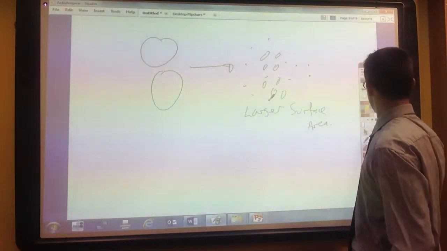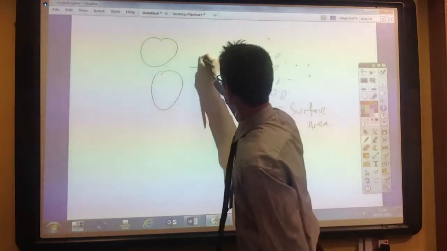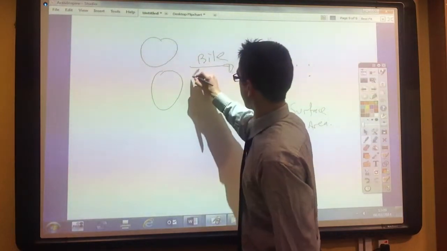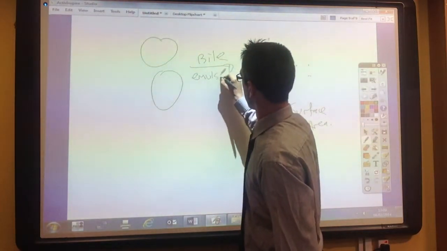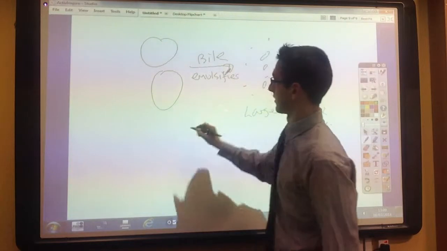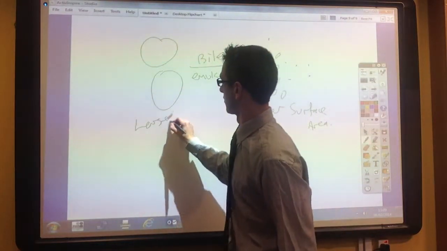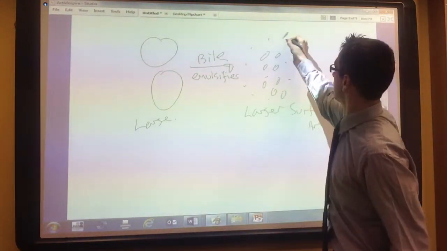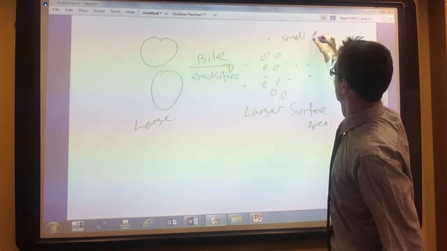So this emulsification happens from bile. So it's breaking from large drop molecules into small droplets.